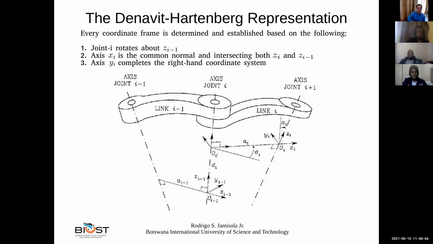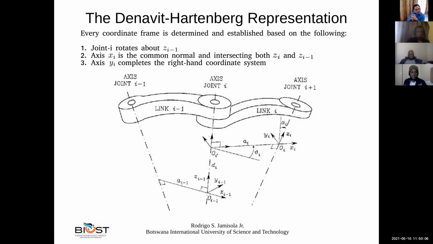Okay, so maybe let me just answer it. The reason why we need the Denavit-Hartenberg convention is that it gives us a way of really knowing how the frames are oriented or how the frames are placed on the robot links.